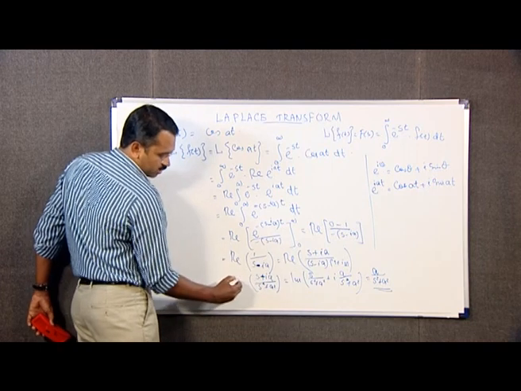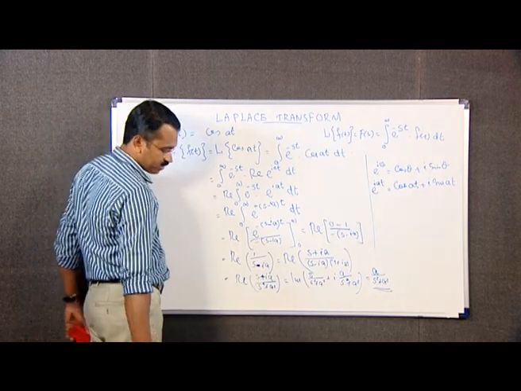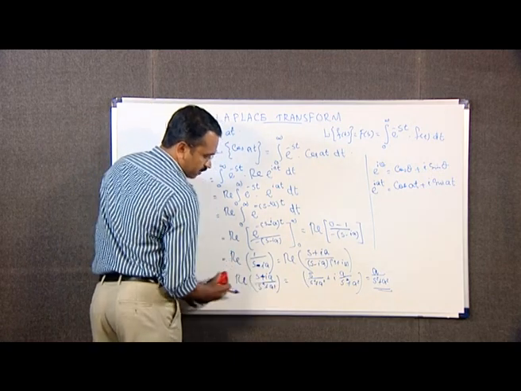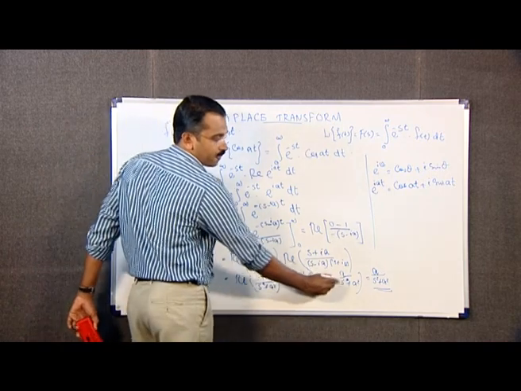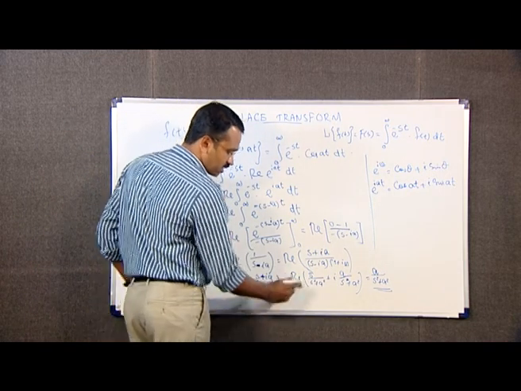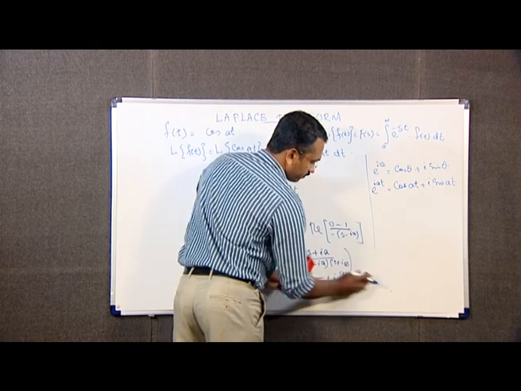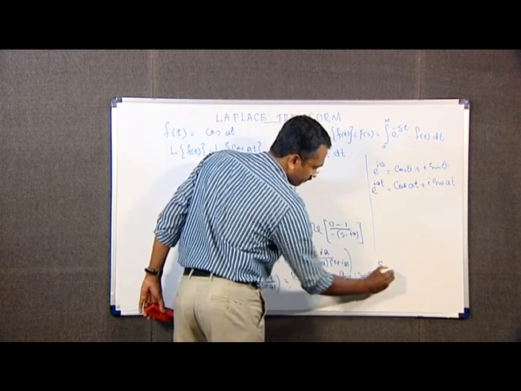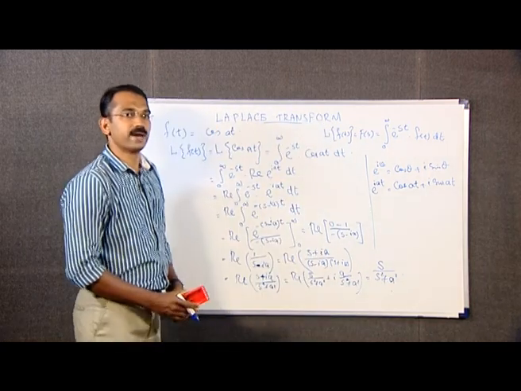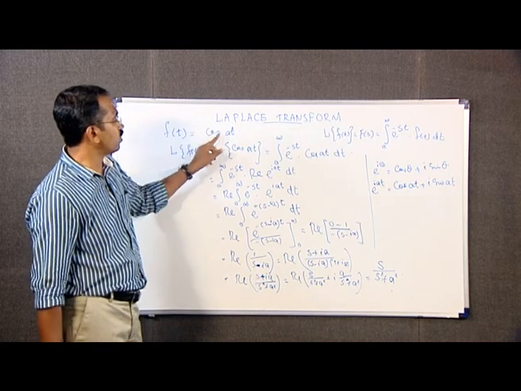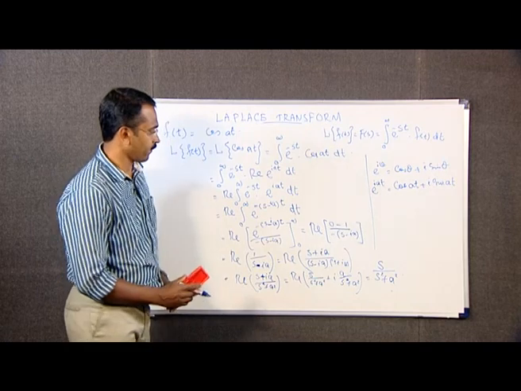Therefore, this is equal to real part of (s plus i a) divided by (s square plus a square), which is real part of s by (s square plus a square) plus i into a by (s square plus a square), which is equal to s by (s square plus a square). That is, the Laplace transform of cos at is s by (s square plus a square).